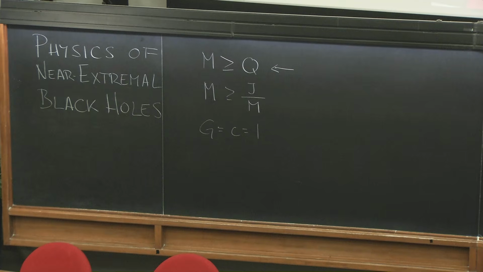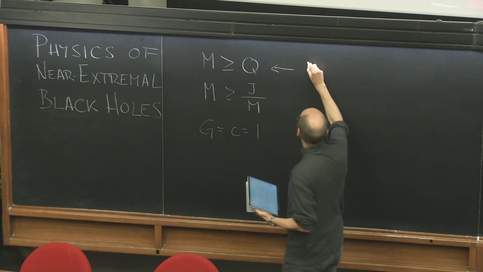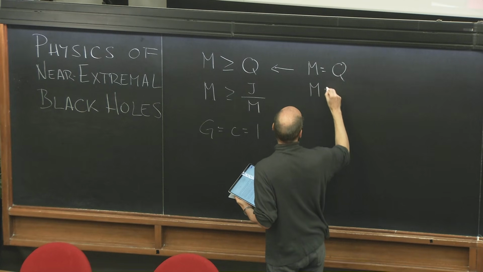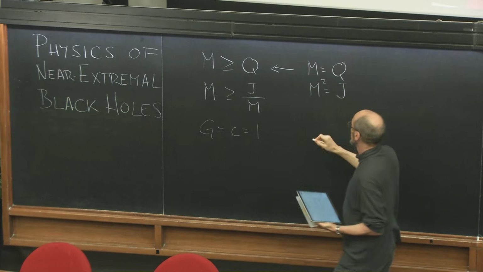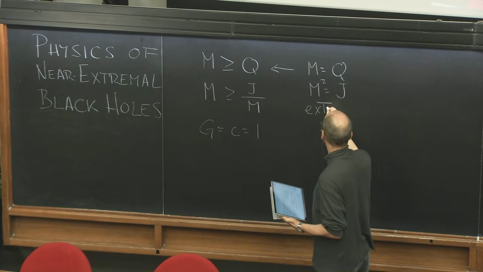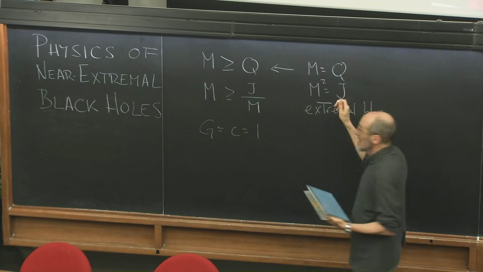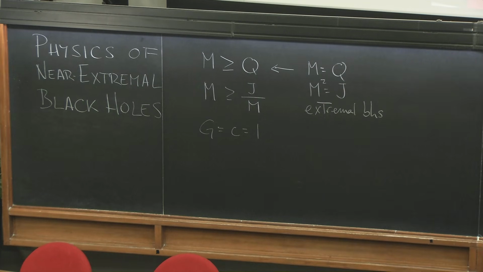Now, when you saturate these bounds, that's when you get the extremal limit. So these are extremal black holes. It's been realized since the beginning of time that these black holes present qualitatively new properties.